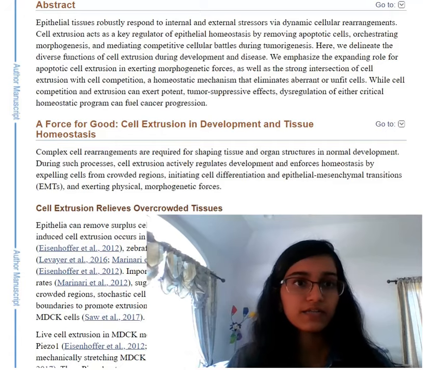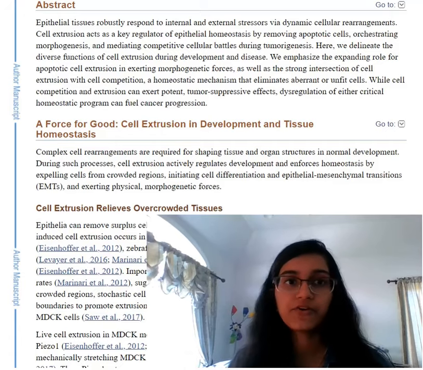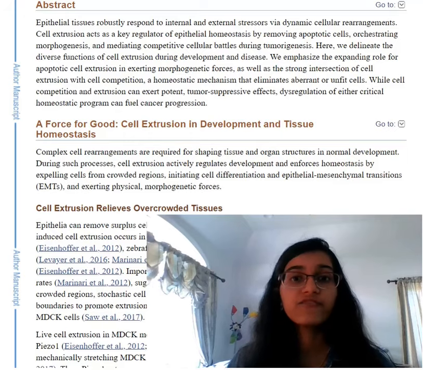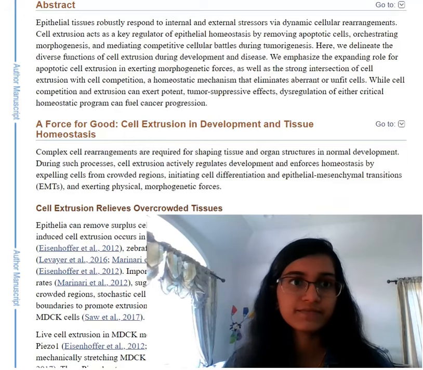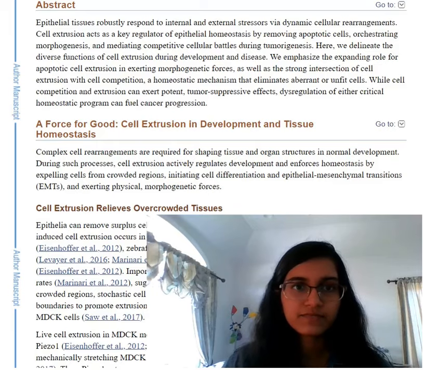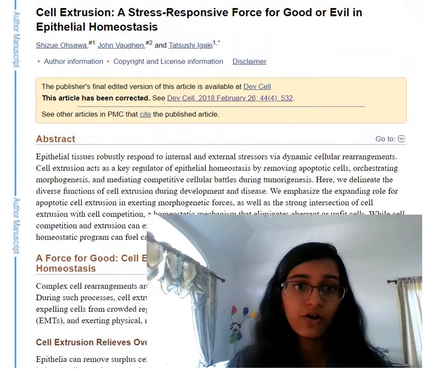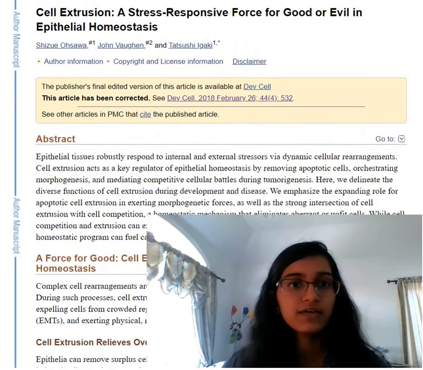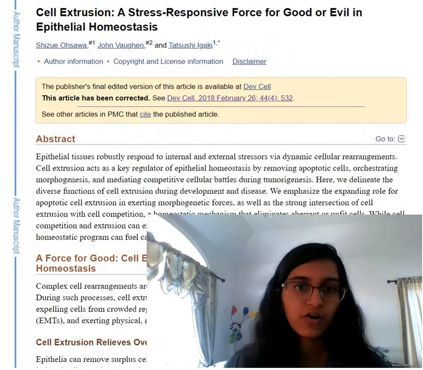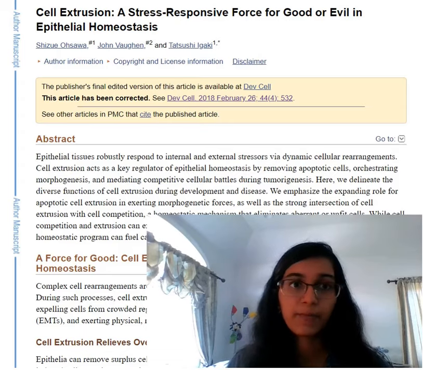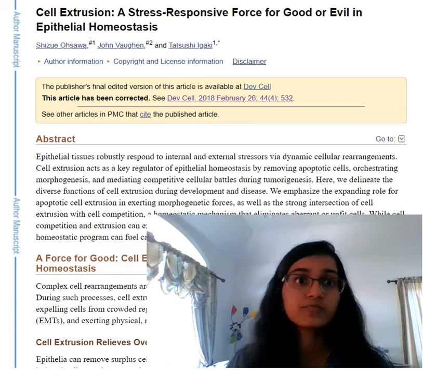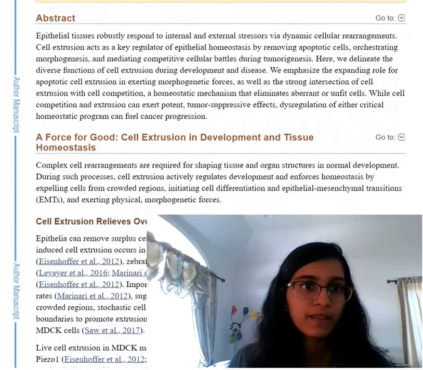In the abstract, it goes right into saying epithelial tissues robustly respond to internal and external stressors via dynamic cellular rearrangements. So what do we get from this? This tells us much the same thing that we found in the article title, that there are internal and external stressors that affect epithelial homeostasis, presumably through cell extrusion.